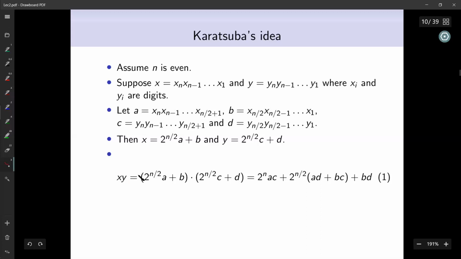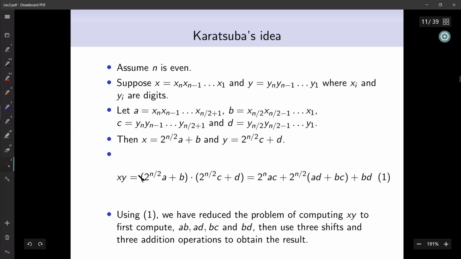In other words, we decompose the problem of computing the product of two n-bit numbers, which we have represented this way, to that of computing the product of how many? 4 n/2-bit numbers, with some addition and shift operations. So 2 shift operations and 3 additions. In words, we have reduced the problem of computing xy to first computing ac, ad, bc and bd, then using shifts and 3 addition operations to obtain the result.